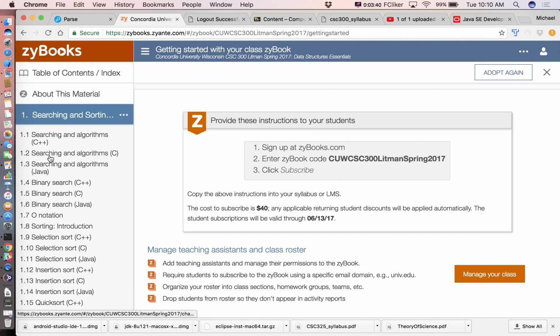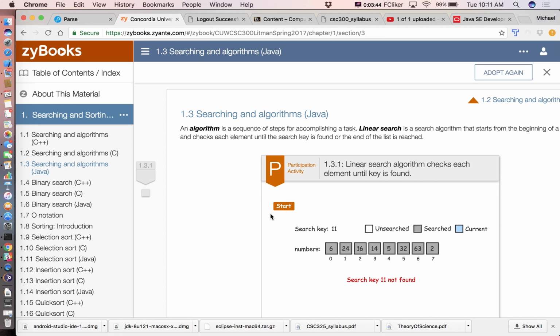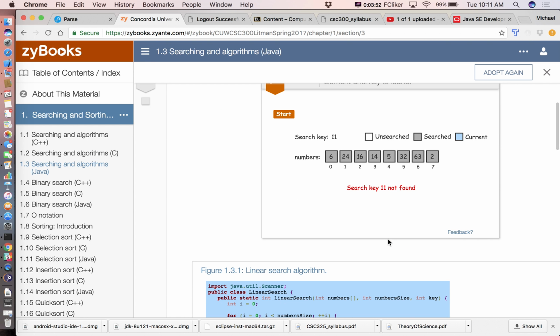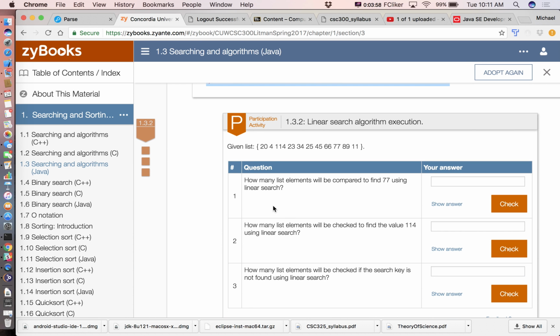And just like last semester, if you look at searching algorithms, the book is less reading and has a lot of interactive things in it for you. It'll ask you how many search elements does it take to find a certain number using a linear search versus a binary search, that kind of thing. So after we read about them, you'll be able to go through this.